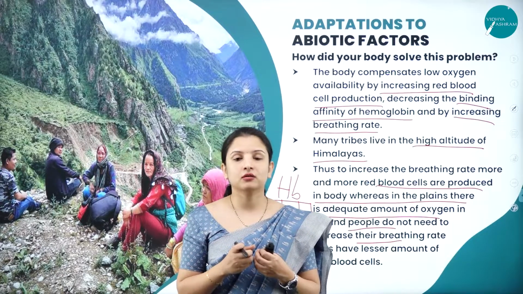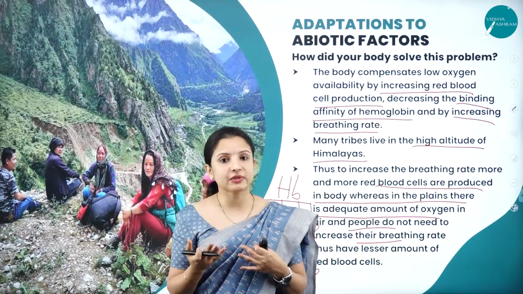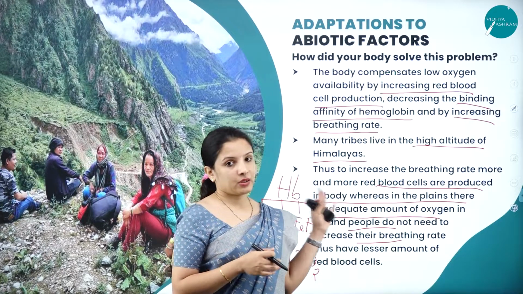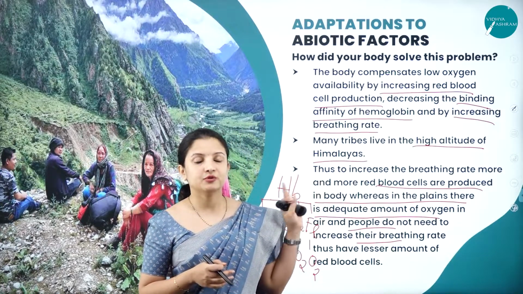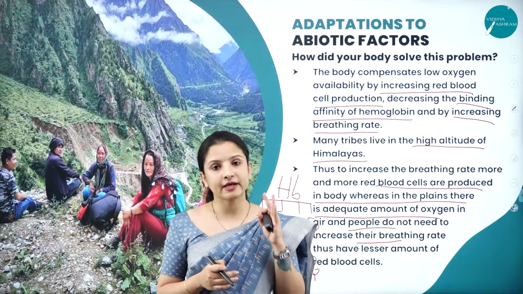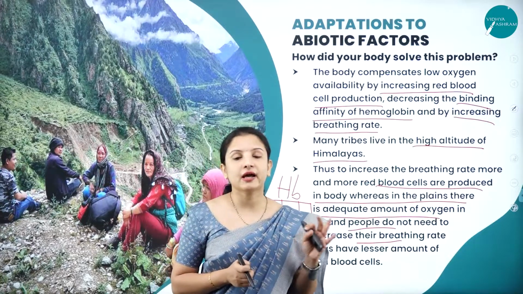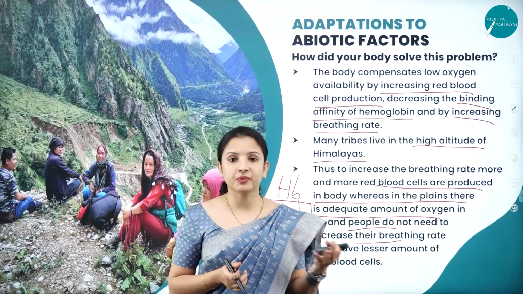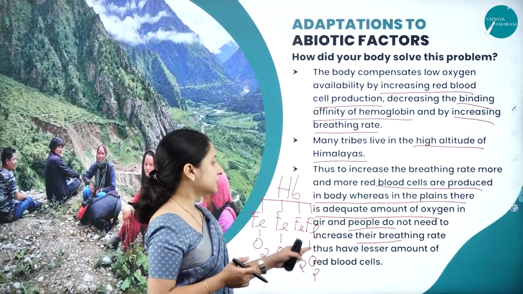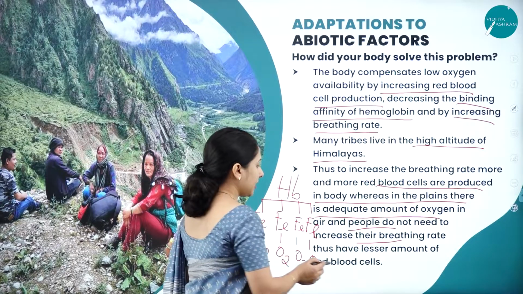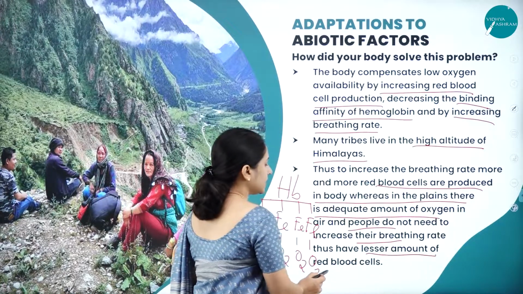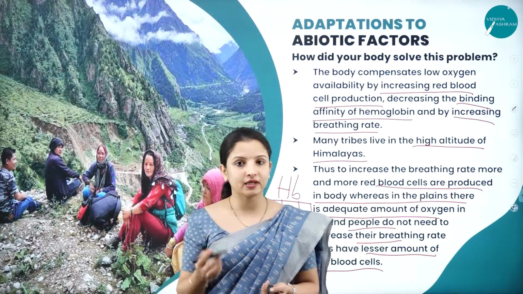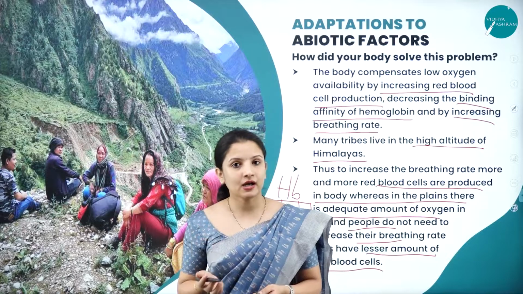To collect that oxygen, a lot of RBCs have to be produced. That is why the tribes inhabiting the higher altitudes have more red blood cells than people living in the plains, who have a lesser amount of RBCs. So this is how humans adapt themselves to higher altitudes.